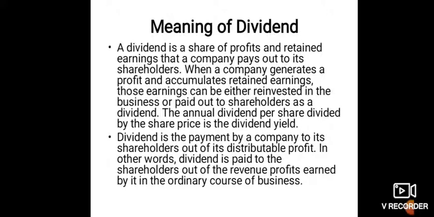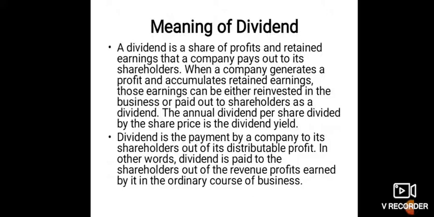In order to find the dividend yield in a particular year, the annual dividend per share divided by the share price gives us the dividend yield. A dividend is the payment by a company to its shareholders out of its distributable profit.